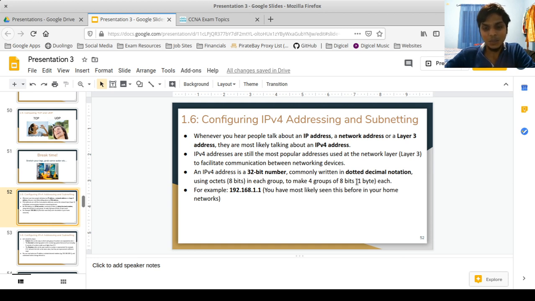That may sound complicated, but you actually know exactly what that means. For example, 192.168.1.1. So 32 bits, of course a bit is just the smallest unit of representation in the digital world.